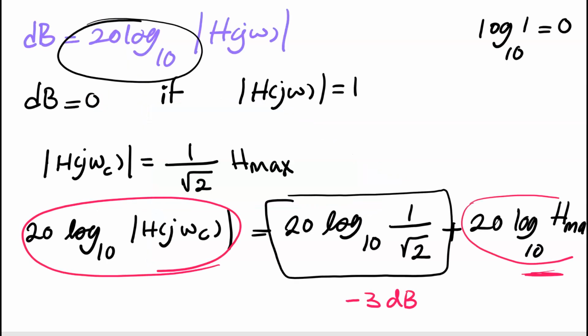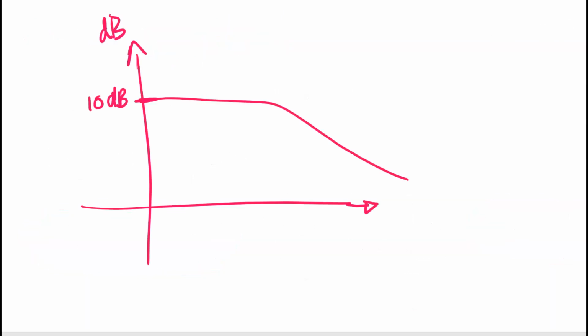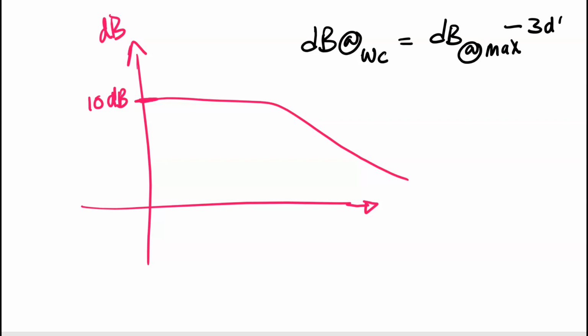Now, the decibel gain at omega c is equal to the decibel gain at maximum gain minus 3 decibel.